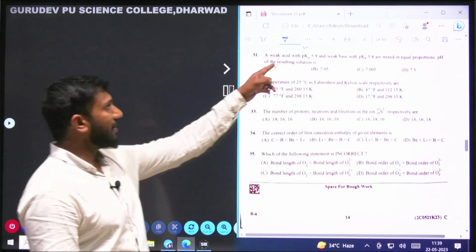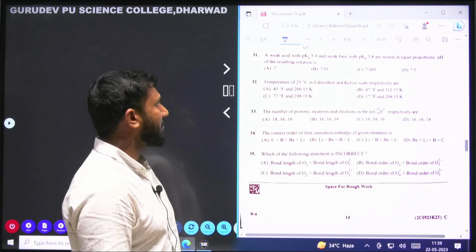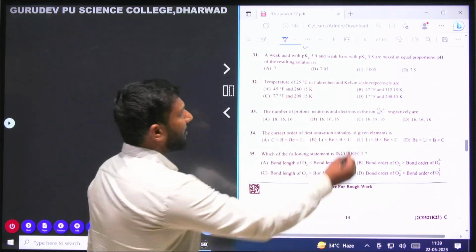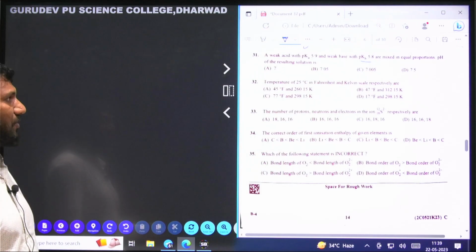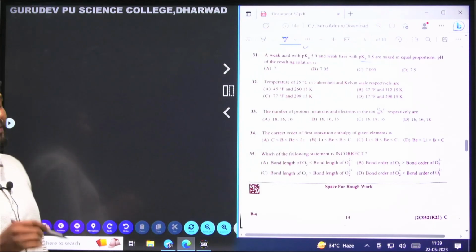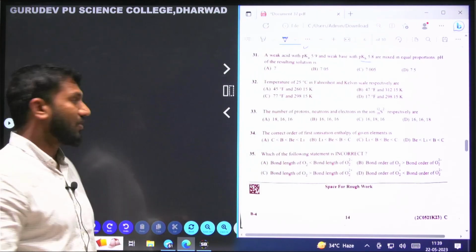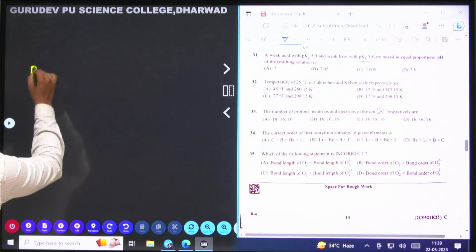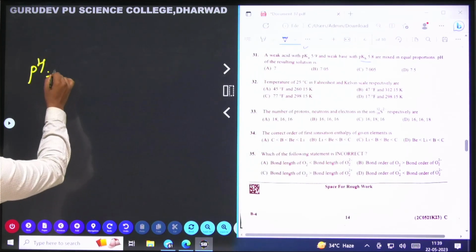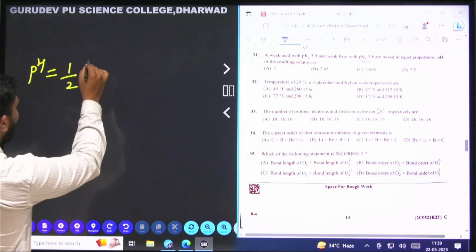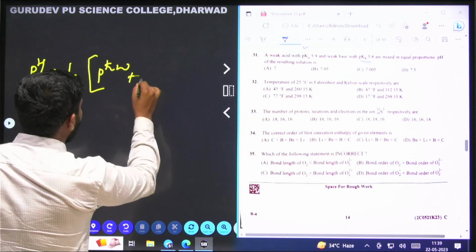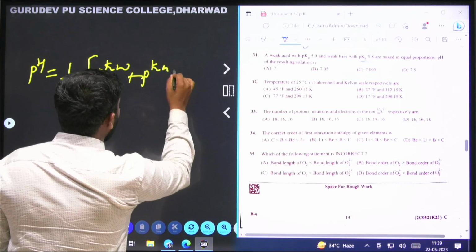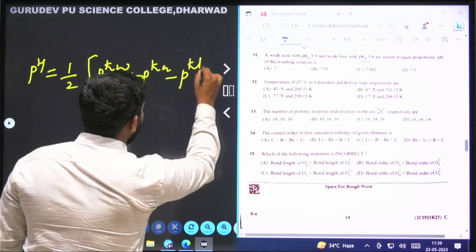Let's look into question number 31. A weak acid with pKa value given as 5.9 and a weak base with pKb value 5.8. Then what is the pH of the resultant mixture? We know the pH of a salt of weak acid and weak base is equal to half into pKw plus pKa minus pKb.